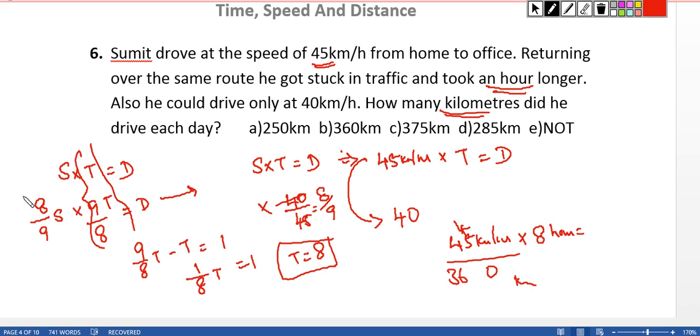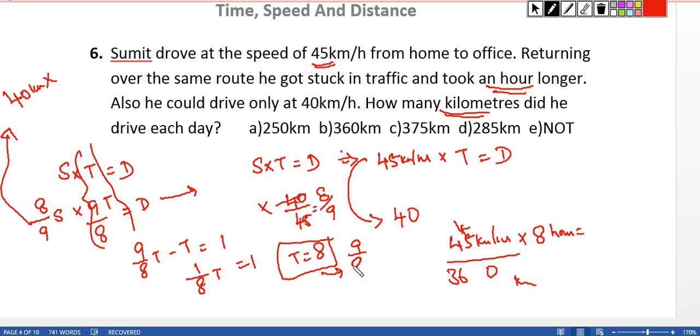We can also verify our answer, or we can verify our concept by checking the second case, when speed becomes 8 by 9 of the speed. So speed is actually 40 km/h, and the time becomes 9 by 8 of the t. Our t is actually 8 hours.